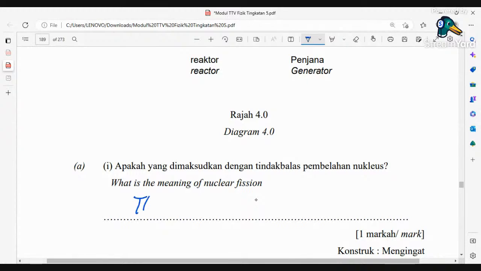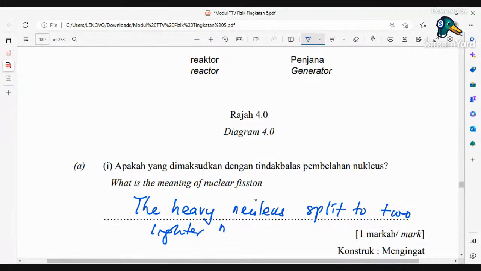The heavy nucleus splits into two lighter nuclei by emitting energy. Nuclear energy.